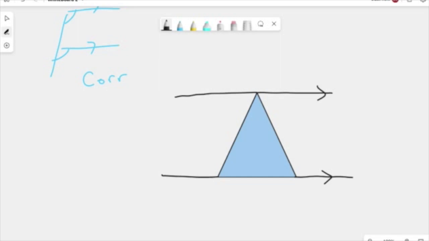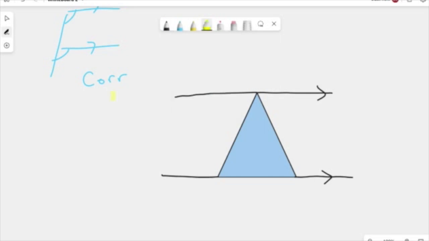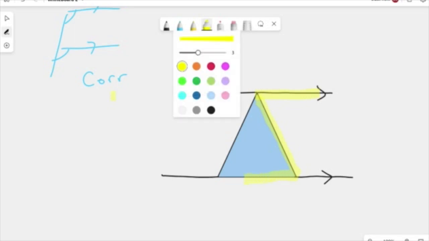So what I'm going to do here, because I have two parallel lines, is take note of some of the things I see. I'm going to look here and say, okay, I have a couple of alternate angle pairs. And I'm going to draw these in right here.